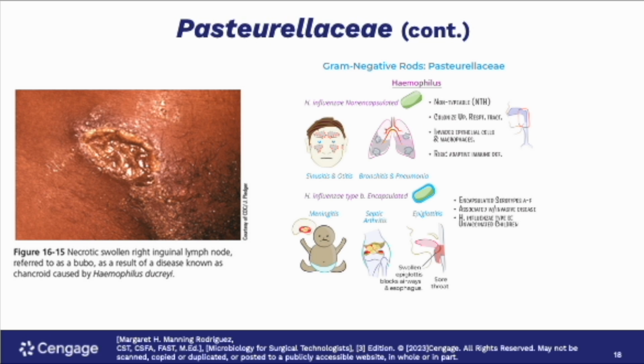We get into the Pasteurellaceae family. Now, they can survive with or without oxygen, but they need enriched media to grow in labs due to their particular nature. You have heard of Louis Pasteur, right?